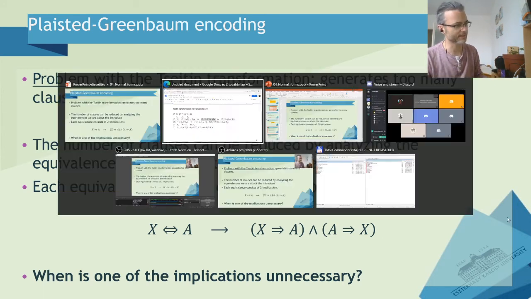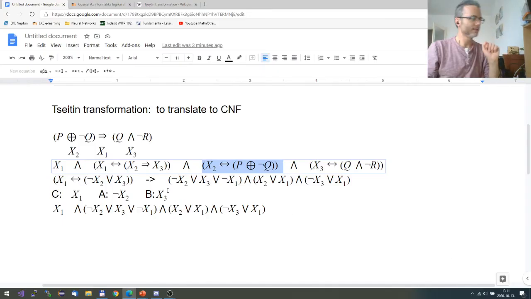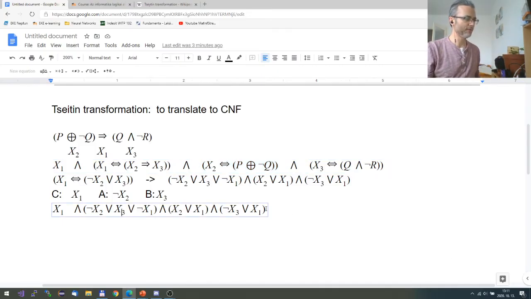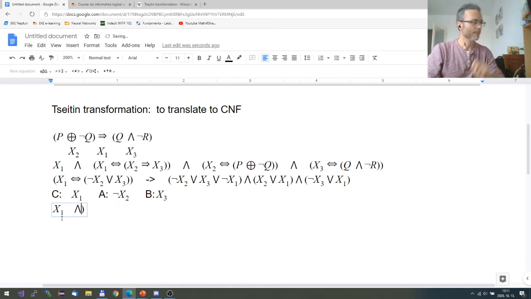Okay, so let's see, why is this cool? Before I plug this CNF here, I check the occurrences of x1 in the formula so far. This is my formula so far. As you can see, it has x1 only with positive polarity, right?